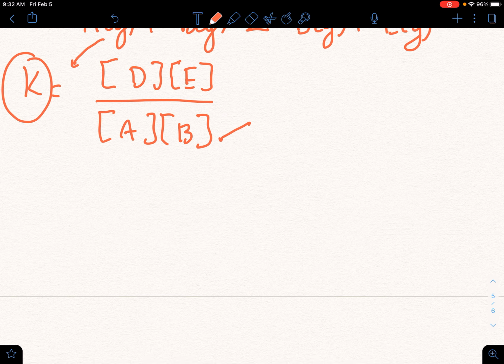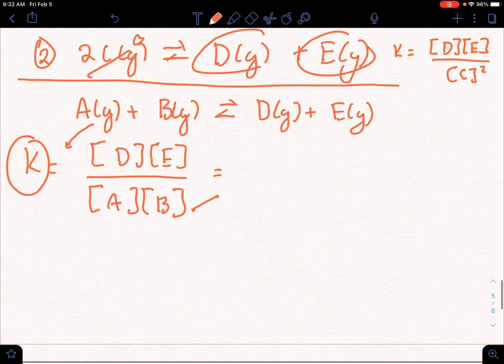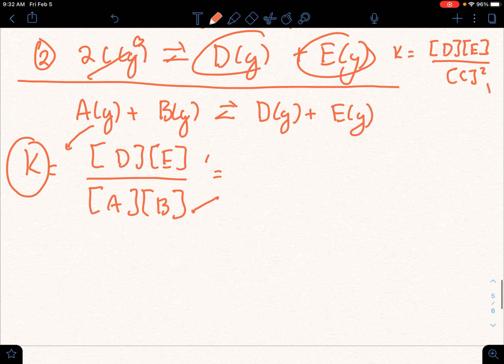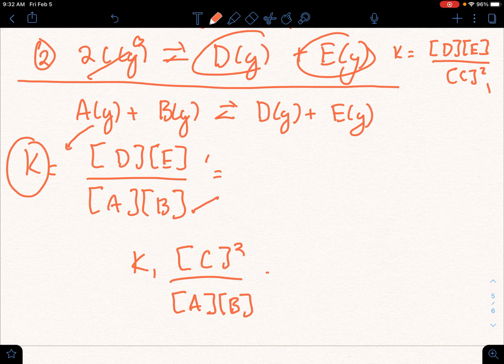So if this is our K equation, how did we get from these two Ks right here to this K? All you have to do is, let's label one K1. We'll start with reaction 1, C squared over A times B. We're going to multiply that by K2, the second reaction, right?